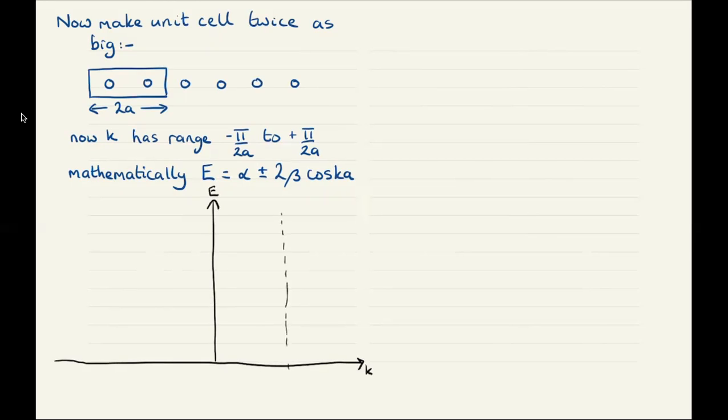And now our range of k is half of what it was before. k is ranging from minus pi over 2a to pi over 2a. And again, we have a cosine form.